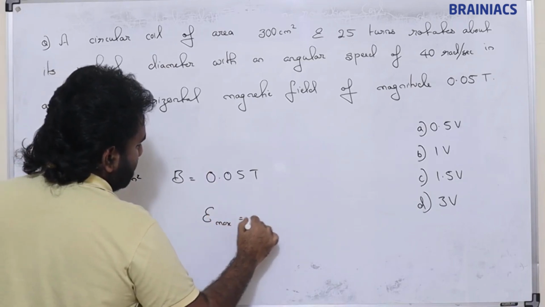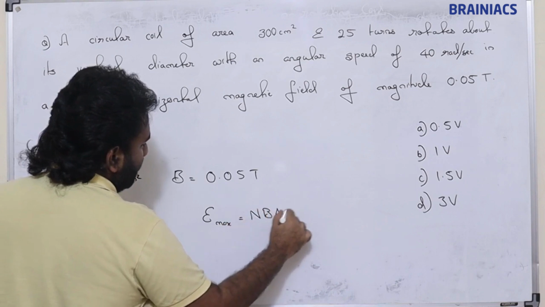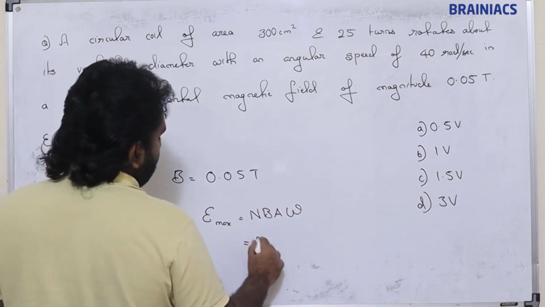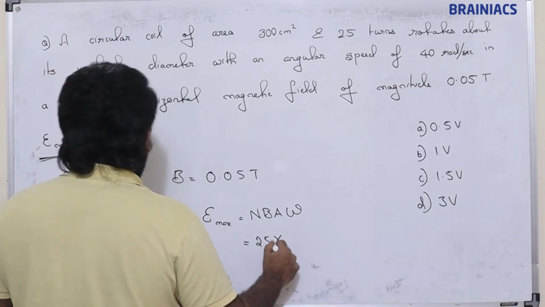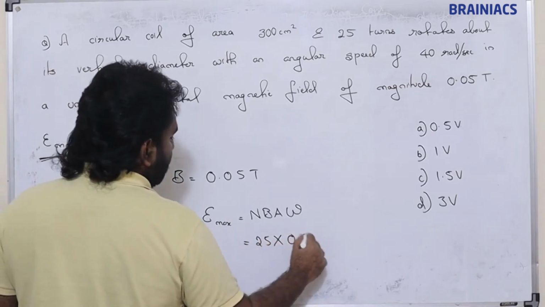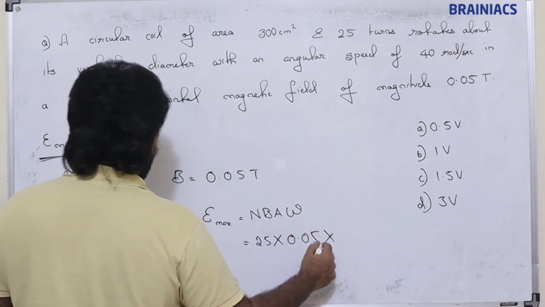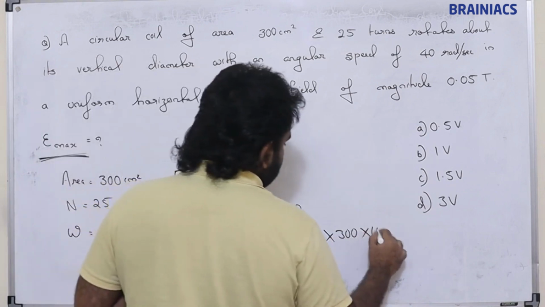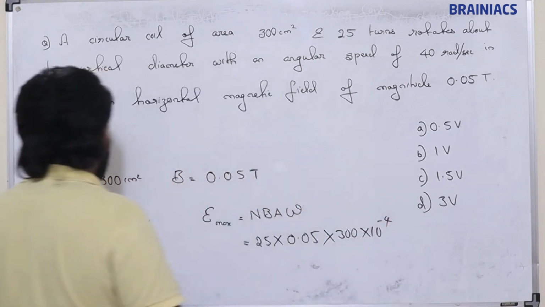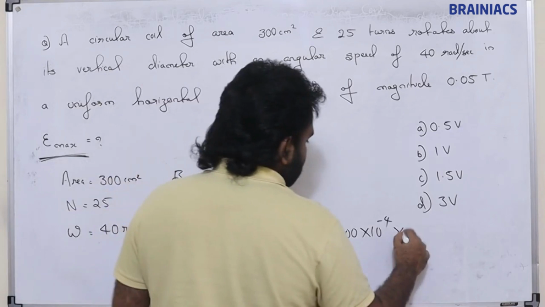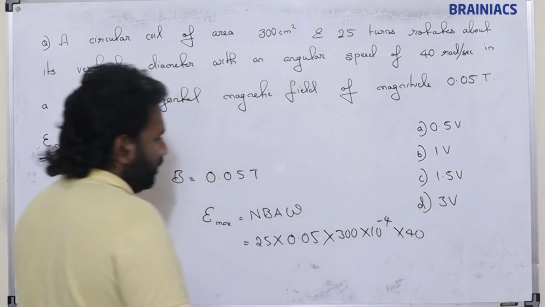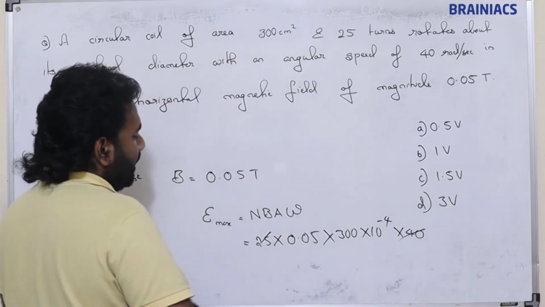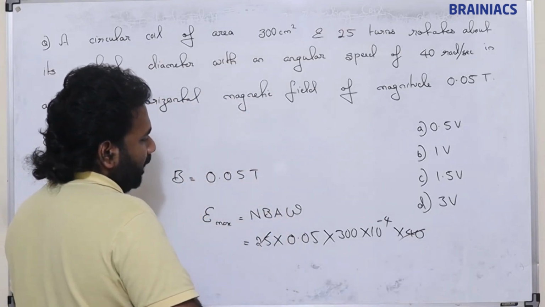So Emax is nothing but what? NBA omega. So N is 25, magnetic field is 0.05, area 300 centimeter square, and omega is given as 40. So 25 into 40 is 1000, 10 raised to 3.